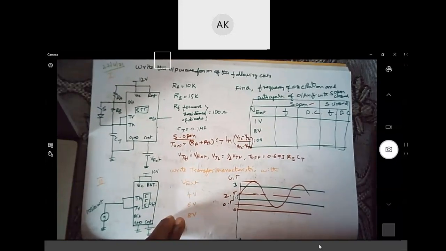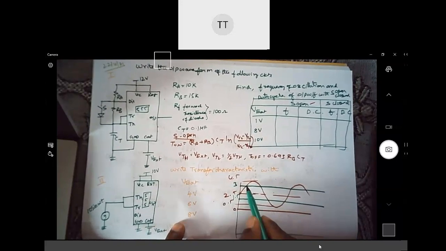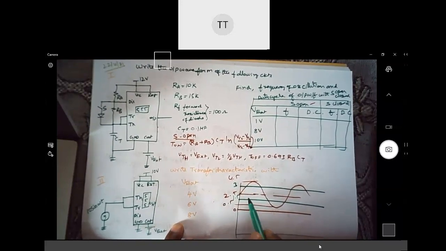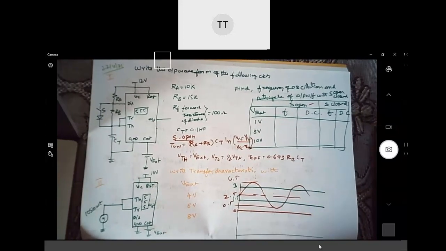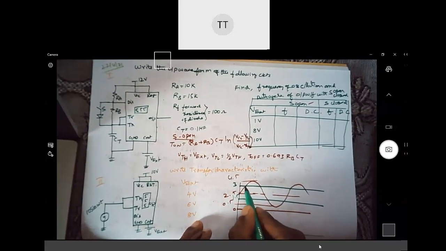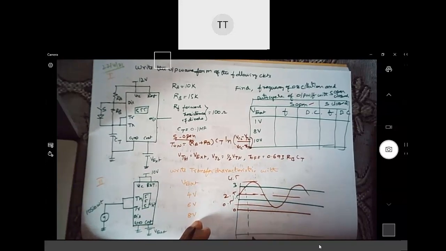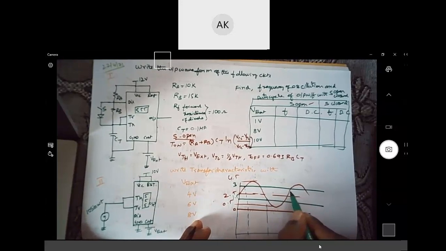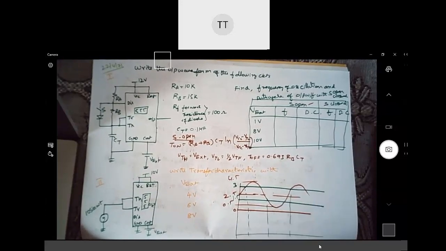Now, what is the expected output voltage? When the input voltage exceeds 3 volt, what is the output voltage? So the output will be 1. Let us draw the lines wherever it is going above 3 and going below 1.5.